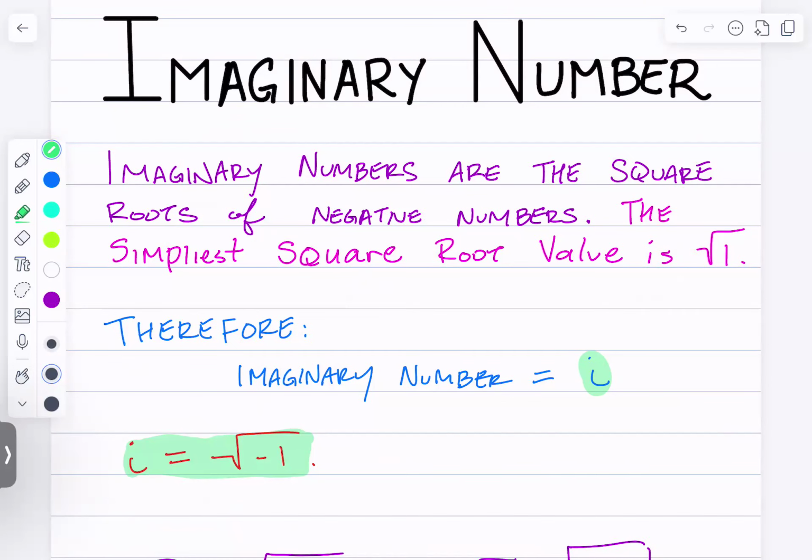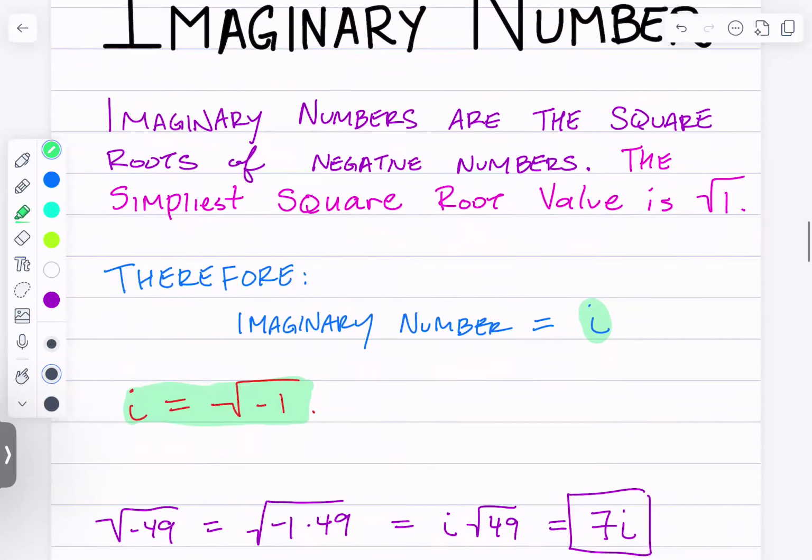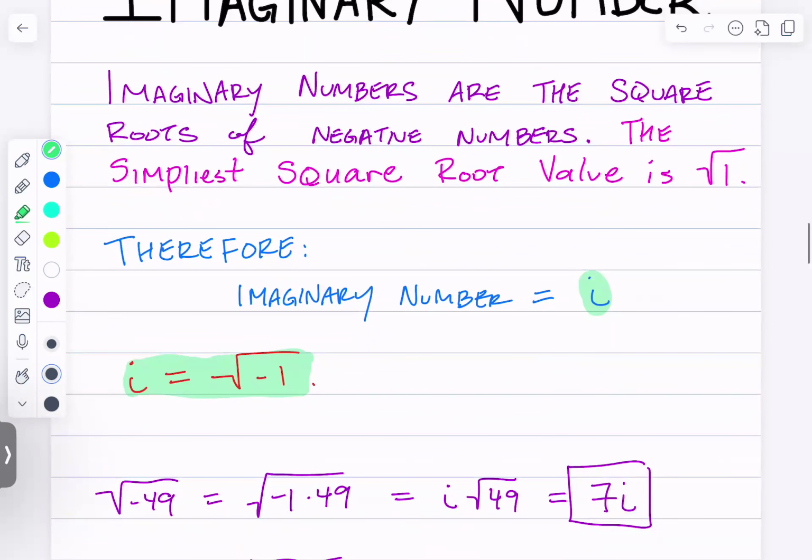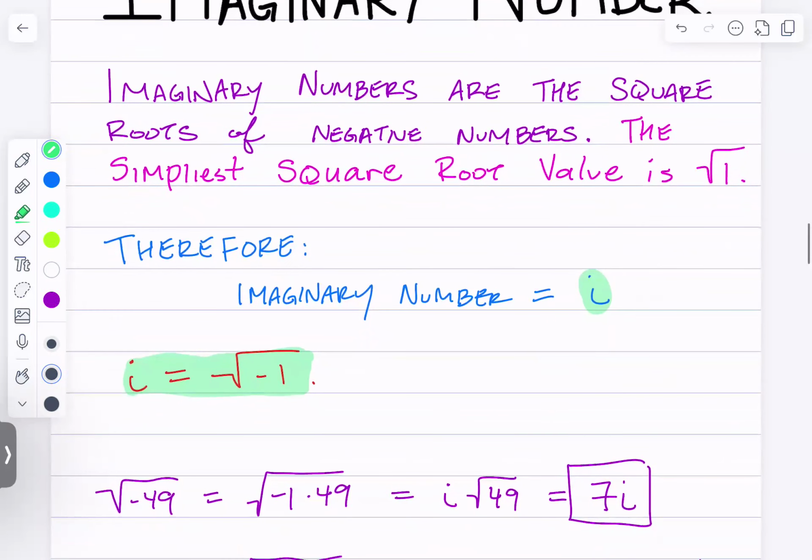So if i is the square root of negative 1, and I have the square root of negative 49, I can change up negative 49 to be negative 1 times 49, all under the square root.